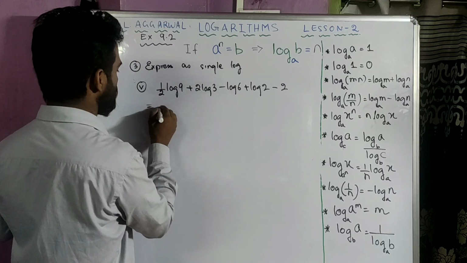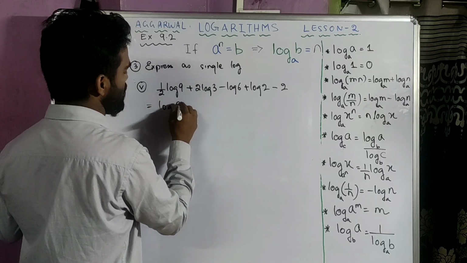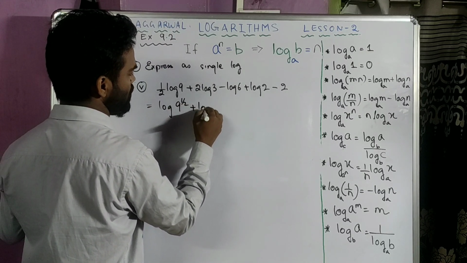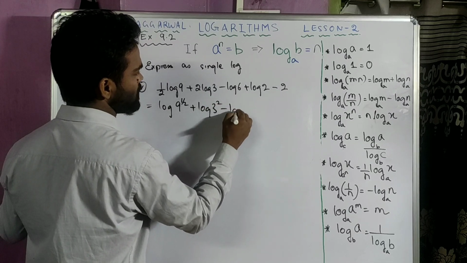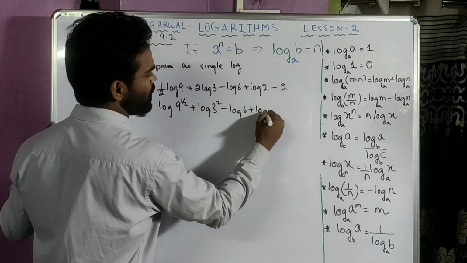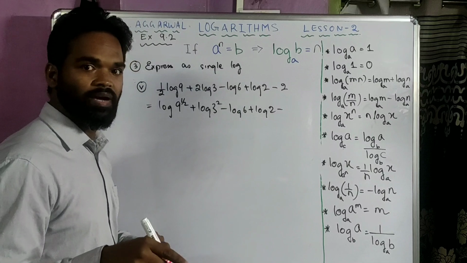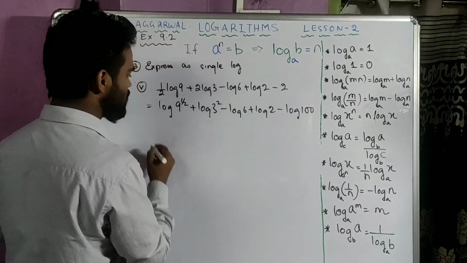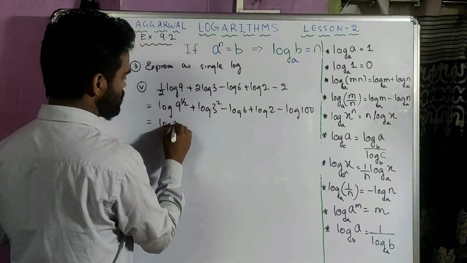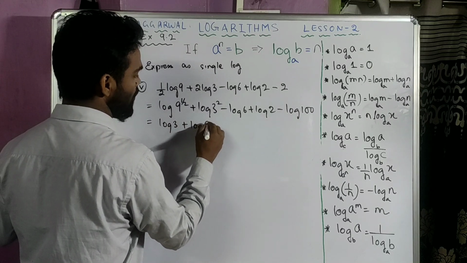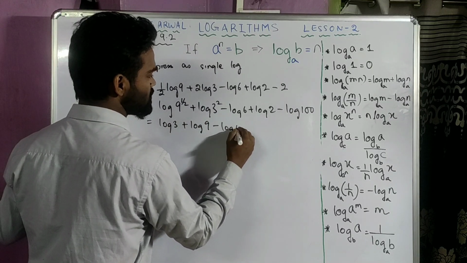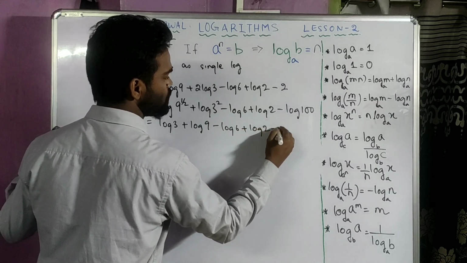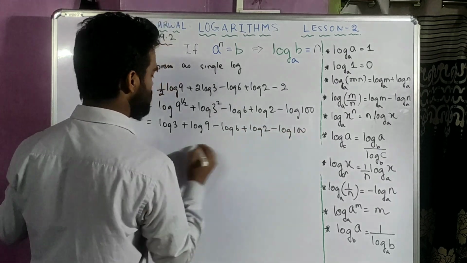Same. We can write this as log 9 to the power half plus log 3 square minus log 6 plus log 2 minus 2, we can write as log 100. Of course the base is 10 in each case. Now this is log 3 plus log 9 minus log 6 plus log 2 minus log 100.